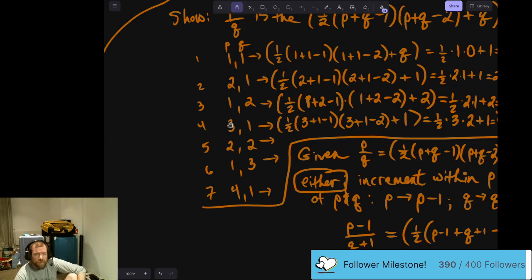Does this work? This was going to be the average value. It's adding up all.